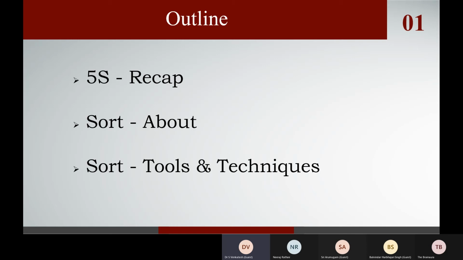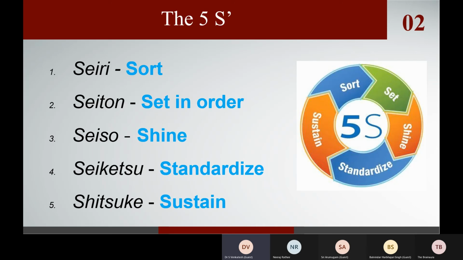Can you please go to the next slide, please? Yeah, thank you. So these are the 5S. It's a cyclic process, and after each cycle, it will take our organization or entity or whatever we are working on to the next level. So what are the 5S? The one on the left is Japanese.